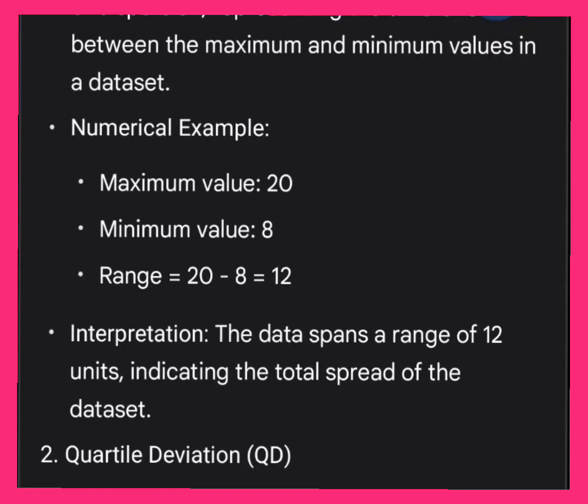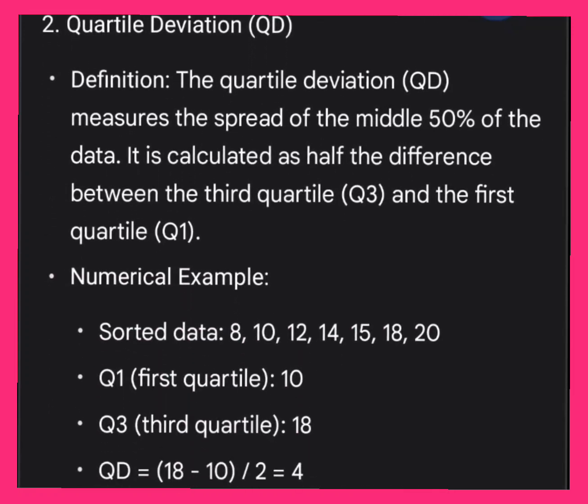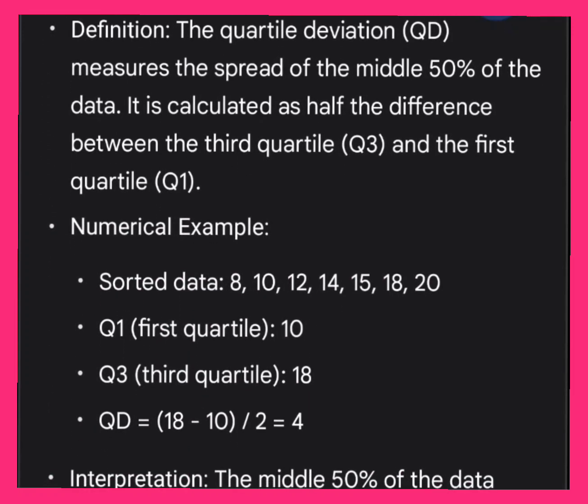2. Quartile deviation, QD. Definition: the quartile deviation measures the spread of the middle 50% of the data. It is calculated as half the difference between the third quartile Q3 and the first quartile Q1. Numerical example. Sorted data: 8, 10, 12, 14, 15, 18, 20.